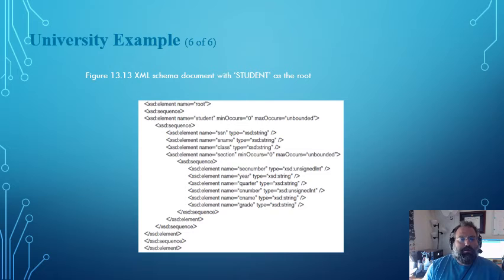This is the schema associated with student being the root. So you have student and then various items hanging off of it: student has, at an element level, name, SSN, class, type, and so on, and then a sequence of sections broken down.